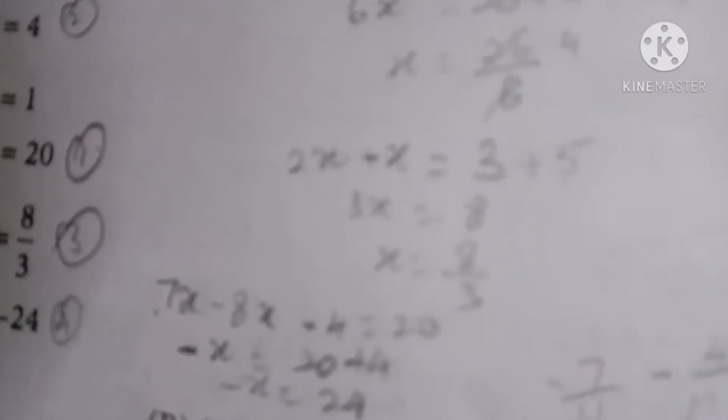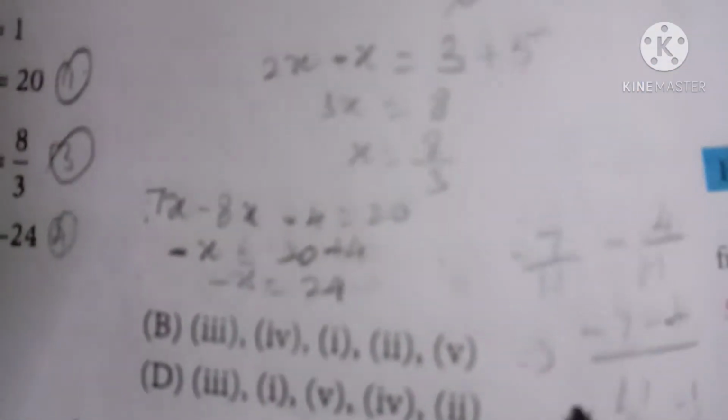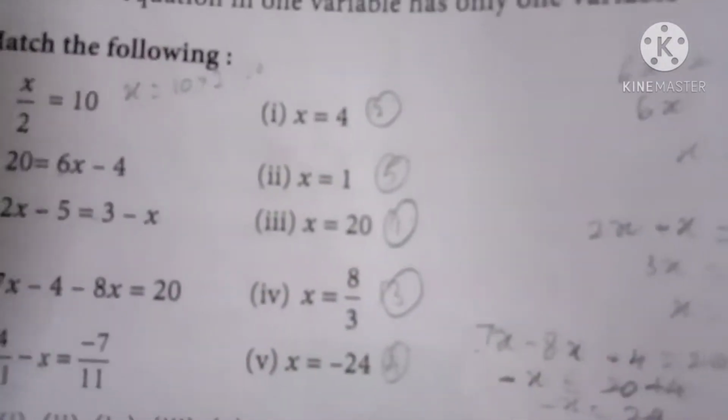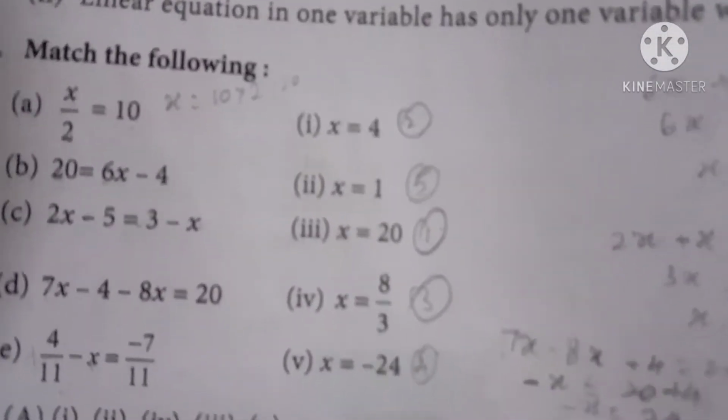Therefore, minus 11 by 11 is equal to minus 1. As minus x is equal to minus 1, minus and minus cancel means plus 1. So, this is your fifth one. So, your answer is C.